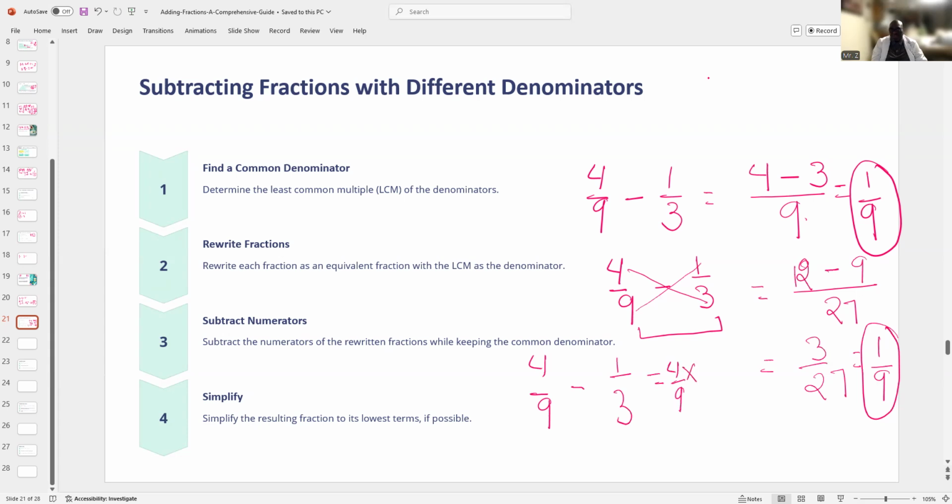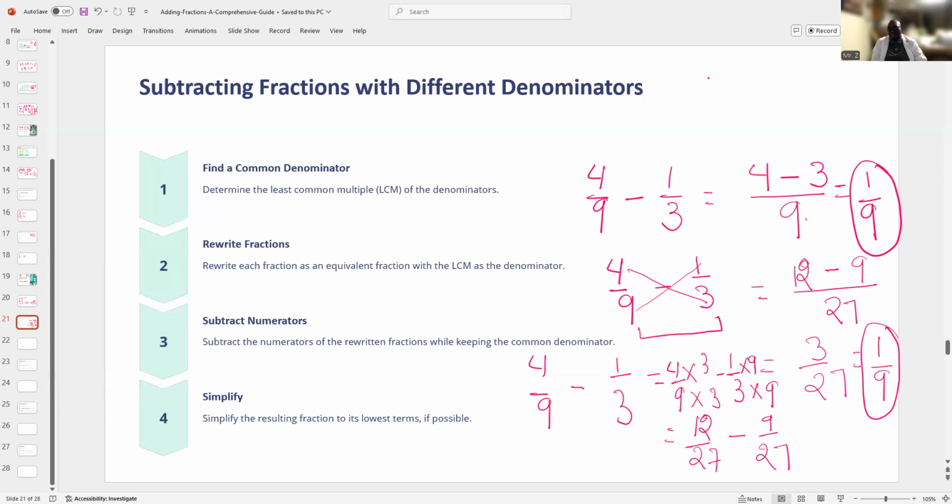I multiply the top by 3, and the bottom by 3. Minus 1 over 3, multiply top and bottom by 9. In that way, I'm gonna have 12 over 27 minus 9 over 27.